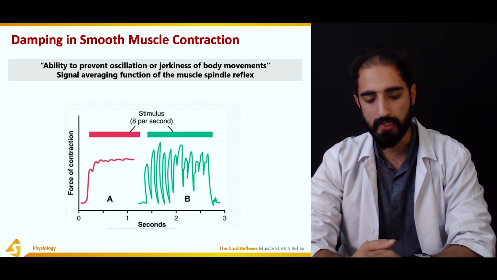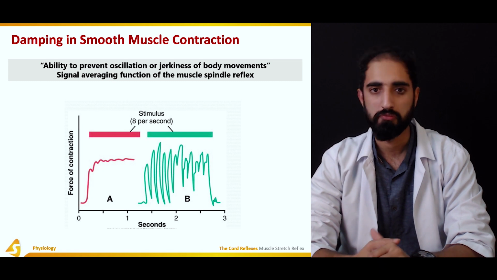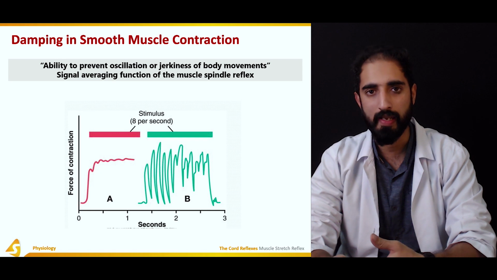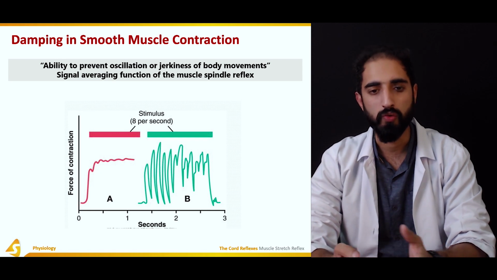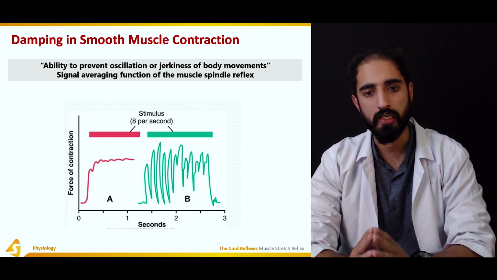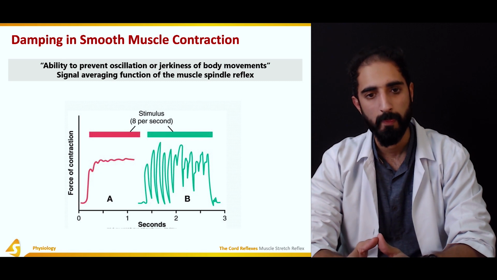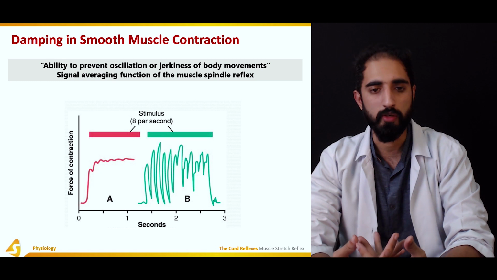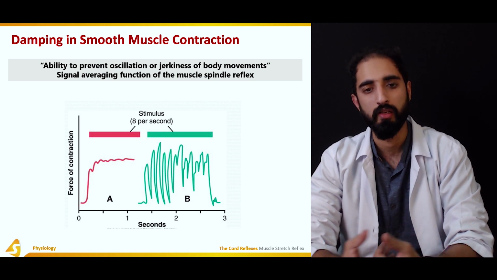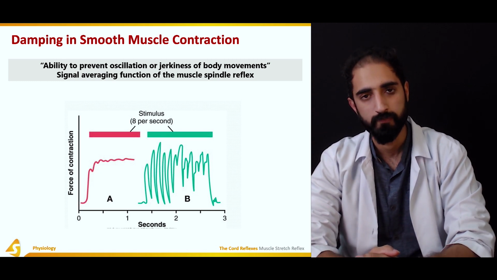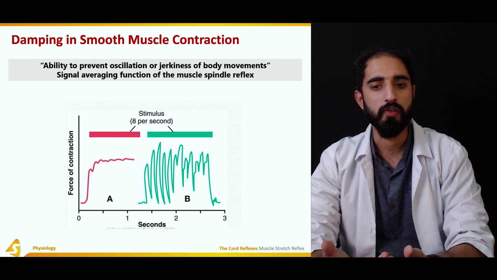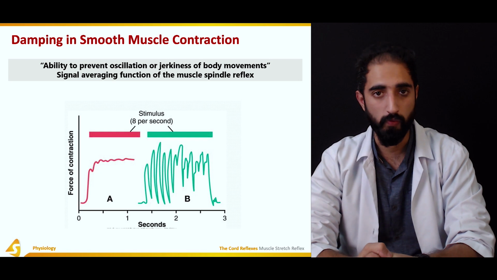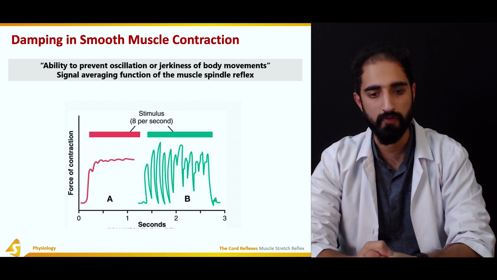So there is contraction followed by relaxation or lengthening, and that leads to, you can say, uneven or jerky movement. The ability to prevent oscillation or jerkiness of body movements is known as damping in muscle contraction. This signal averaging function of the muscle spindle reflex is thus very important for purposeful and coordinated muscular activity.